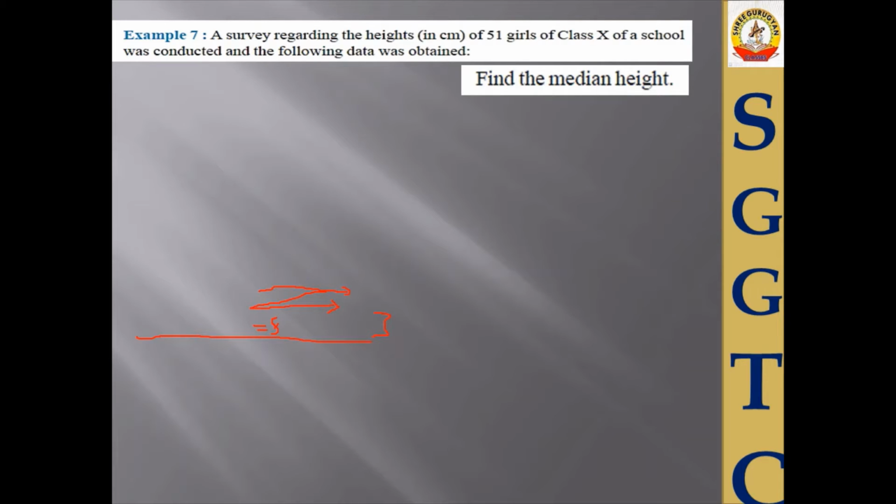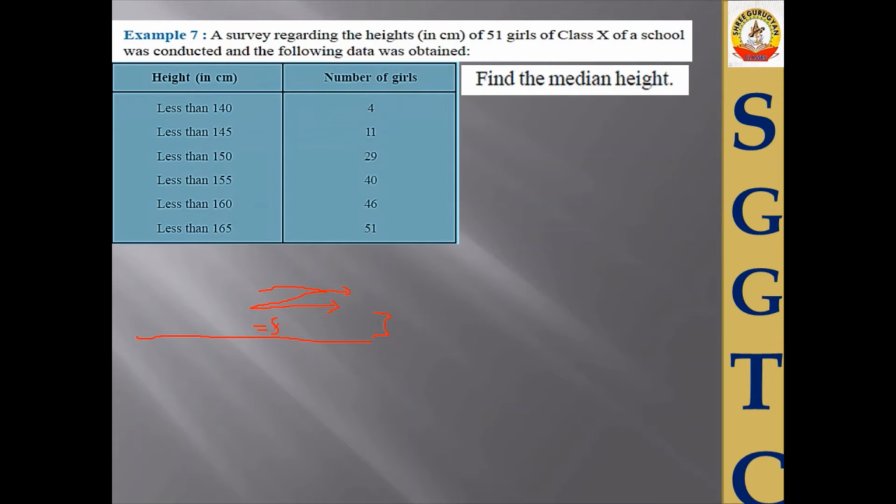A survey regarding the heights in centimeters of 51 girls. The total number is given as 51, but the question gives less than 140, less than 145. So first create your class intervals.